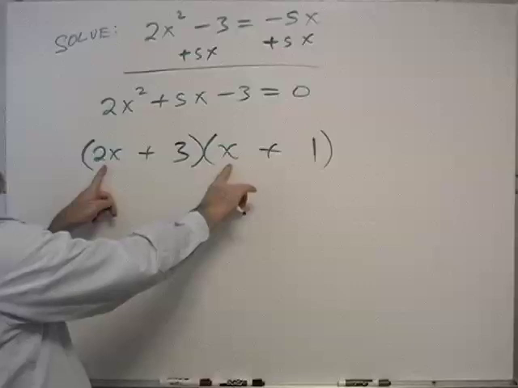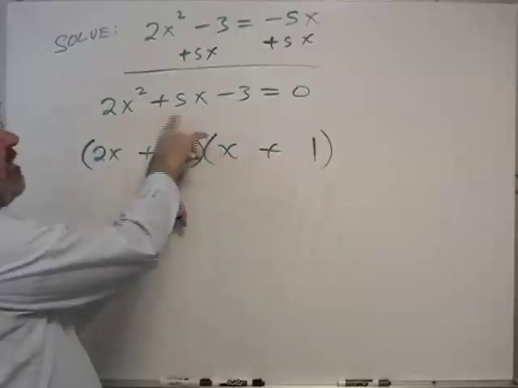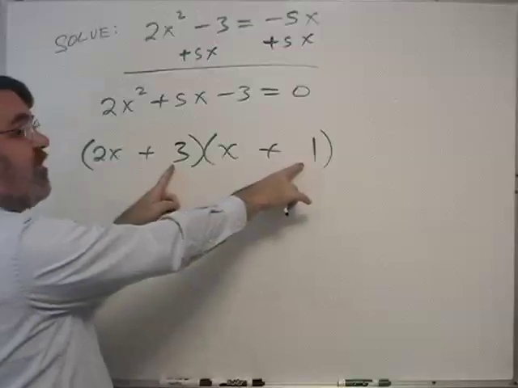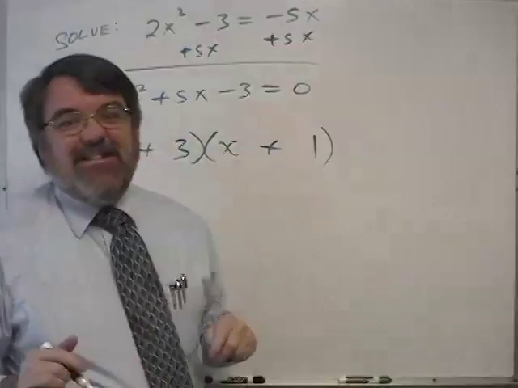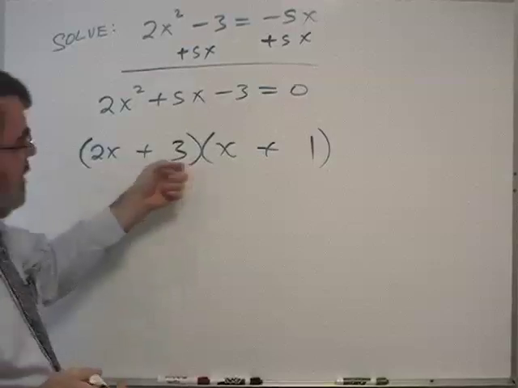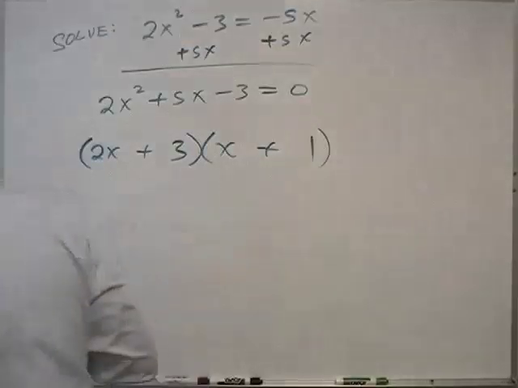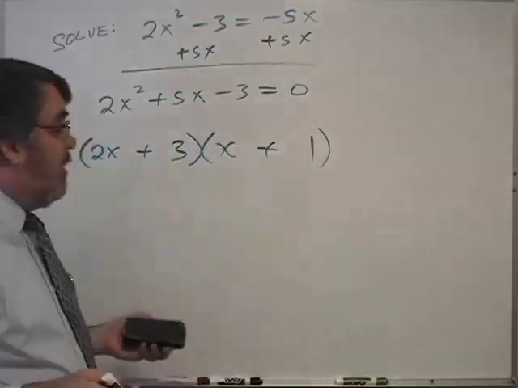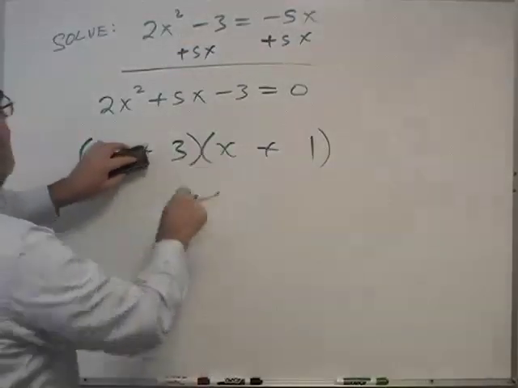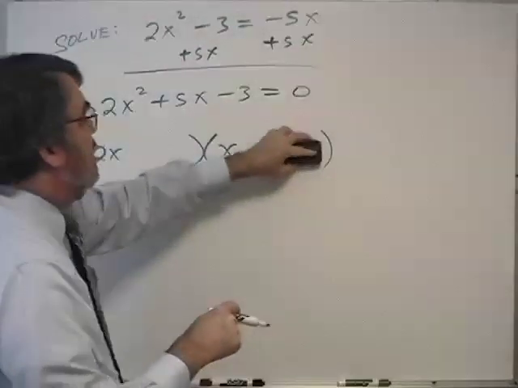I have 2x squared plus 2x plus 3x is 5x. That's good. Plus 3. Whoops. Doesn't work, does it? So it doesn't factor that way because I don't get a negative 3 when I multiply it back. Well, that tells us that we should probably change the 3 and 1 positions. So I'll switch those.